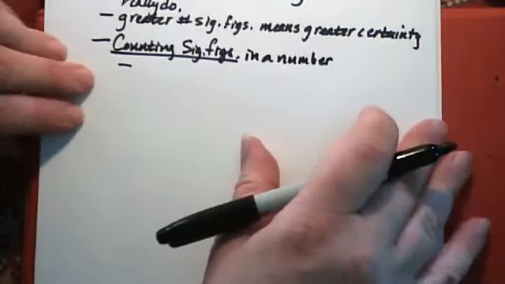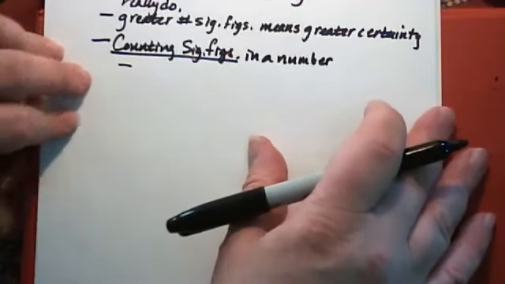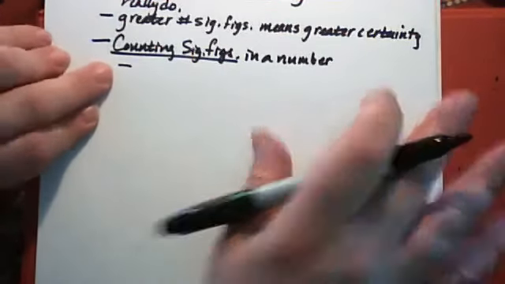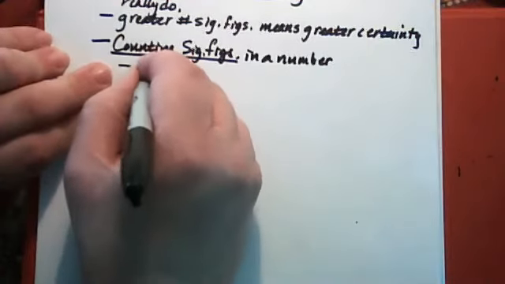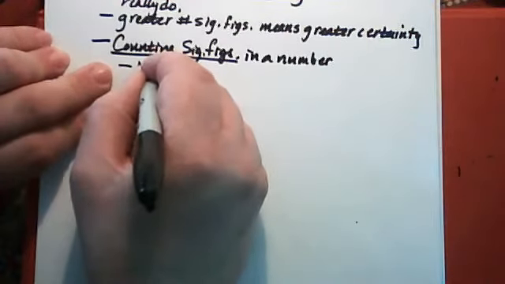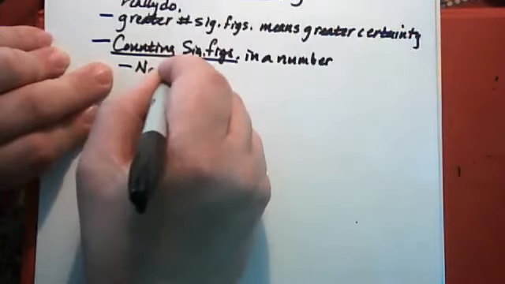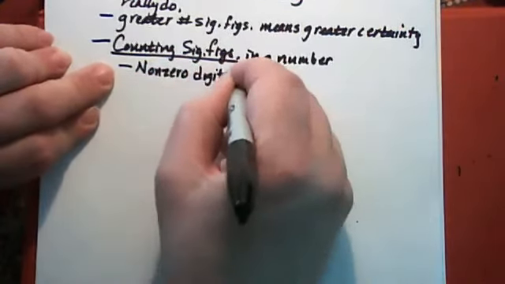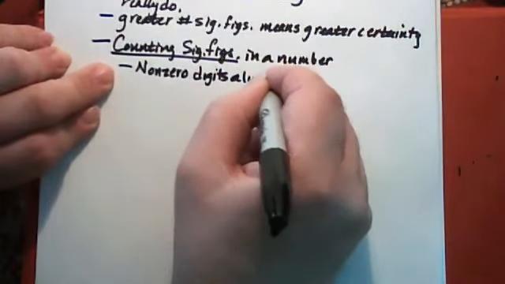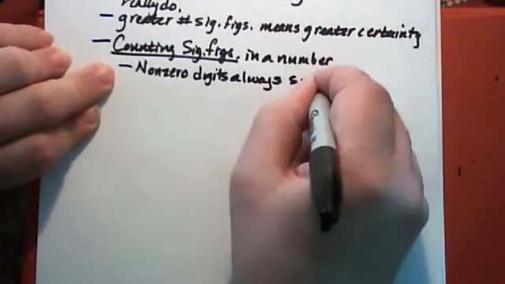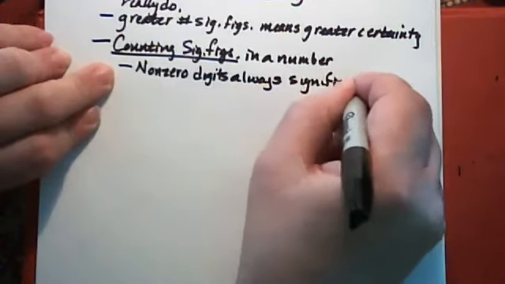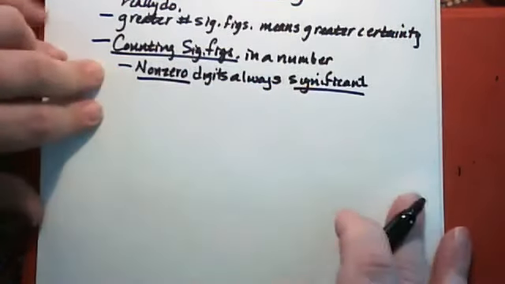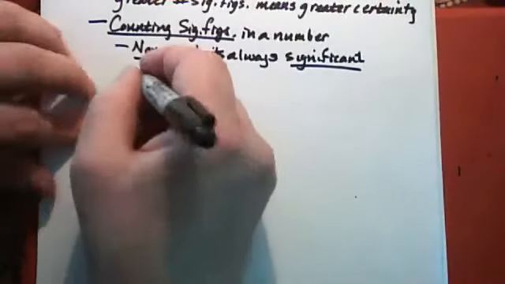And there are a couple of rules. Of course, there are always a couple of rules in chemistry. First is that non-zero digits always count as significant. Okay, so if it's not a zero, it'll definitely be significant.